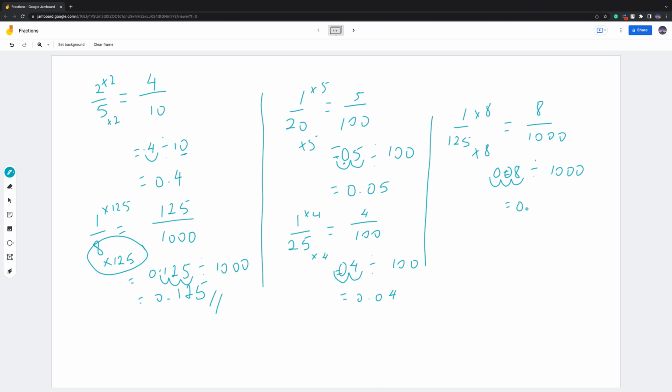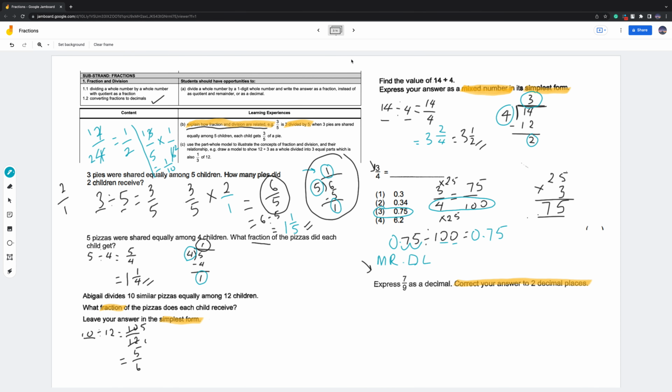So the answer is 0.008. Okay, so that's how you convert using the first method, changing the denominator to 10, 100, or 1000. What if you can't change the denominator to 10, 100, or 1000? Okay, again, the clue is they will say correct your answer to 2 decimal places.